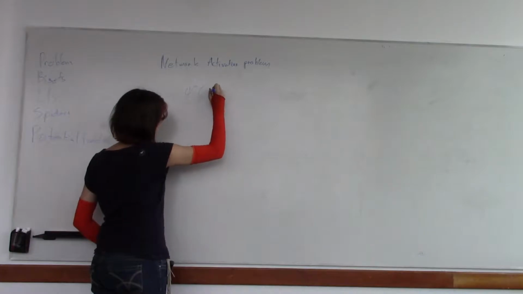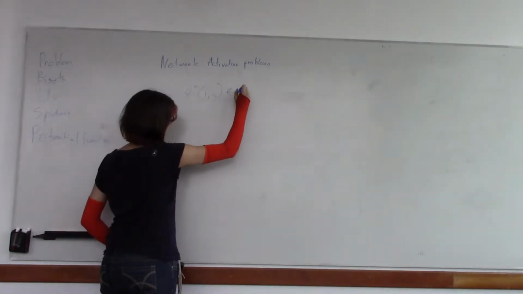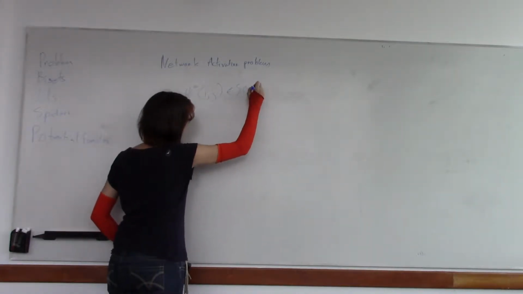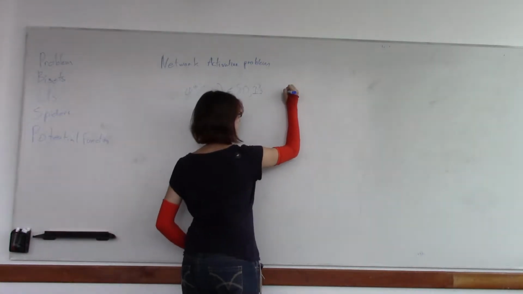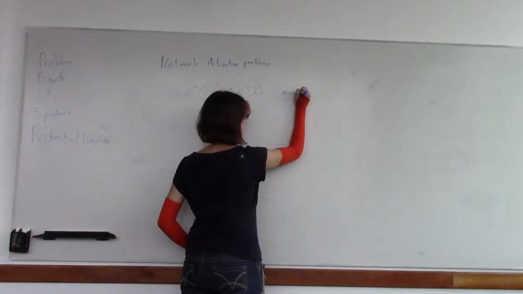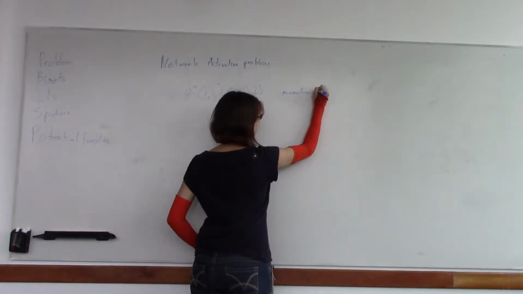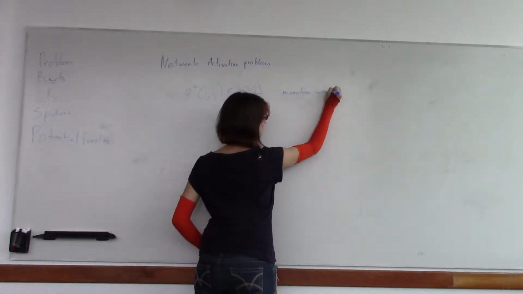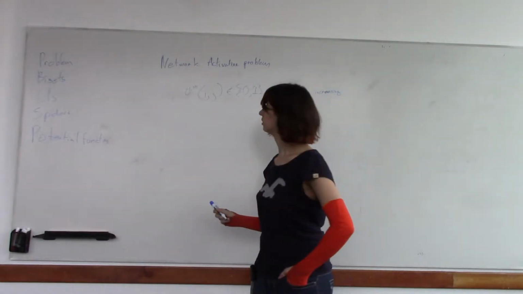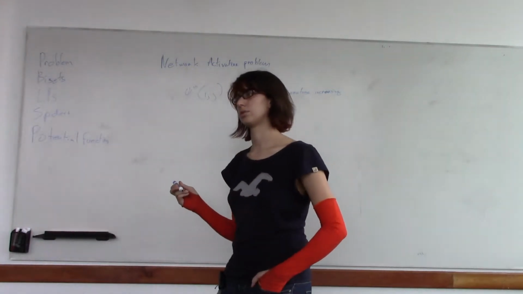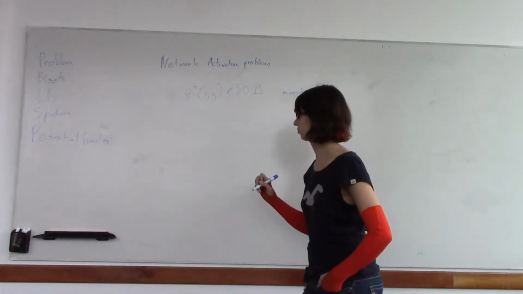So it's just a 0, 1 function, and this is monotone increasing. So uv specifies the edge, and i and j are integers. Those are the weights.